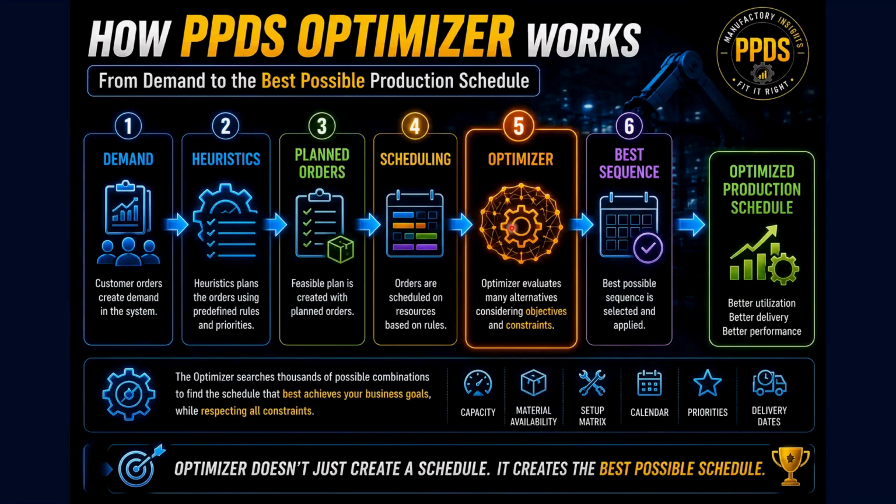It evaluates different operation sequences. It considers resource capacities, calendars, setup times, operation relationships, and eligible alternative resources. Finally, it generates an improved production schedule that is more efficient and better suited for execution on the shop floor.